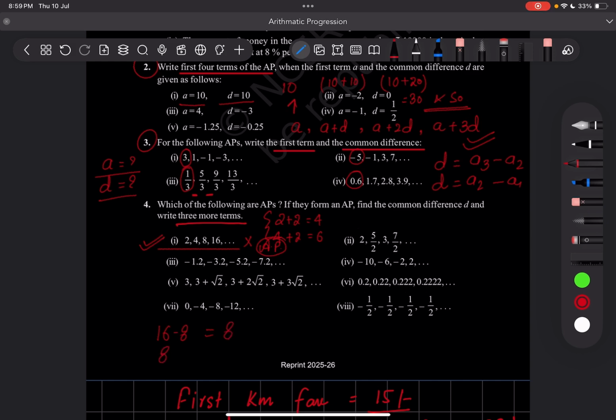Now you are subtracting 4 from 8. You are getting the value 4. Again, when you are subtracting 2 from 4, you will be getting 2. That is, the differences of terms in this sequence are not common, and hence the sequence is not an AP.